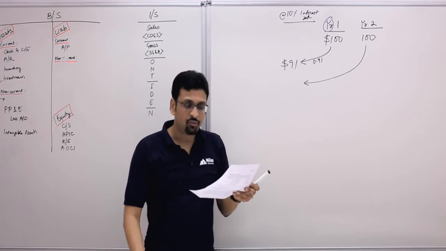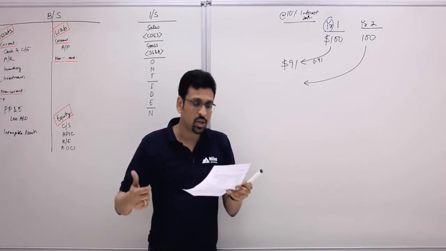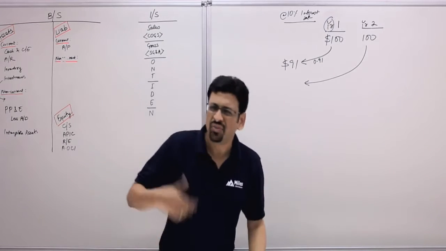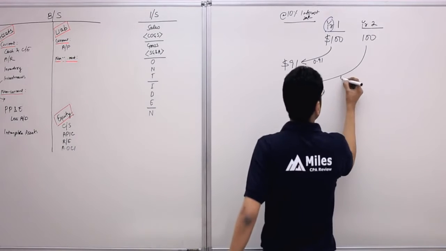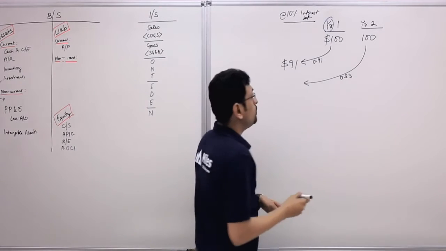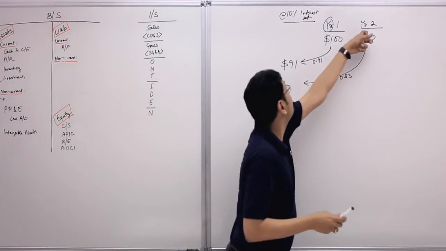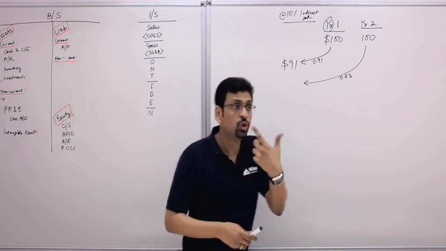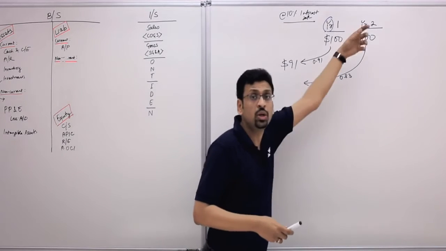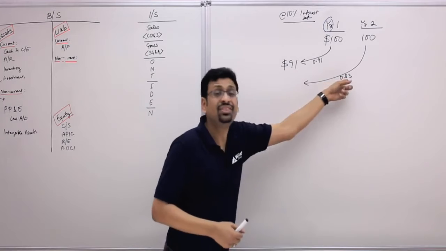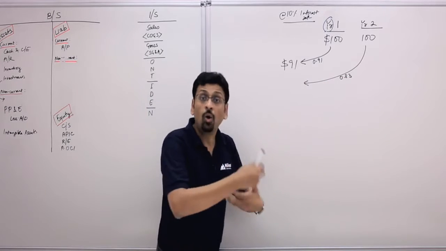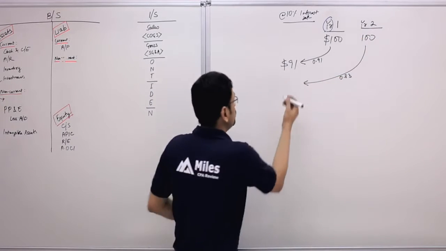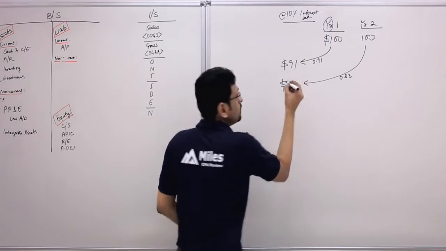So looking at that, we have 2 years, 10% gives us 0.826. We could say 0.83. So the present value factor for 2 years, 10% is 0.83. That's for $1. So you could say $1 coming in after 2 years is worth 83 cents today. So how much is $100 worth? So that's 100 into 0.83 gives us $83.